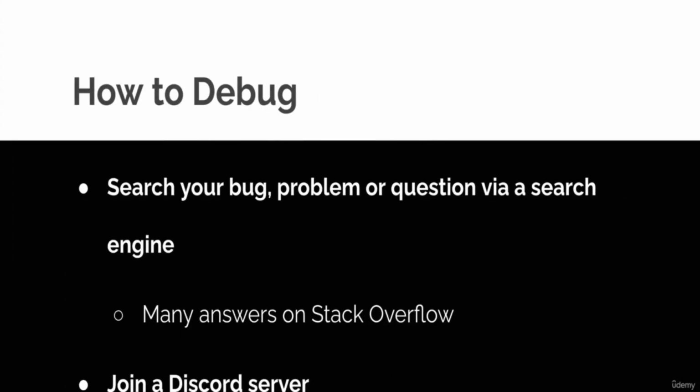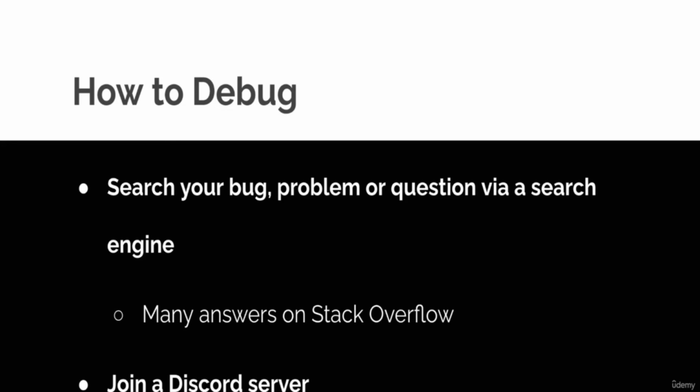Some tips for debugging Python and SQLite is to search whatever problem or error that you have via a search engine. There are many answers online on sites like Stack Overflow. Odds are if you have a question, someone else has already asked that same question.